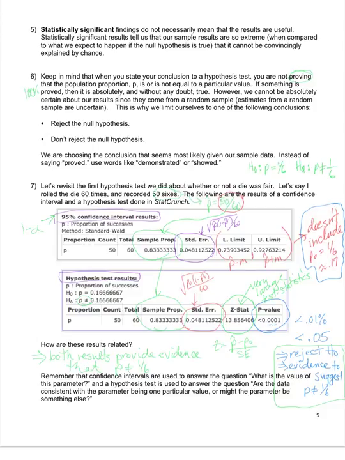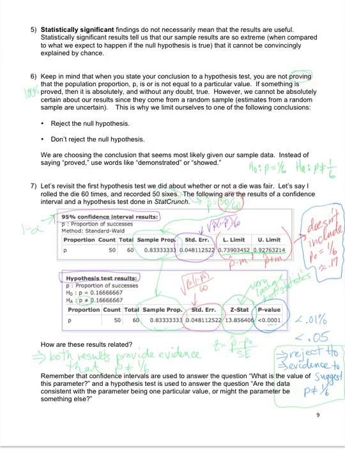So a confidence interval provides a range of plausible values for p, your proportion, and you should not be surprised if p turns out to be one of the values in your confidence interval. So we wouldn't be surprised if the true proportion of 6's, when you roll that die, is somewhere in here. We would be surprised if p is actually a value not in that interval.